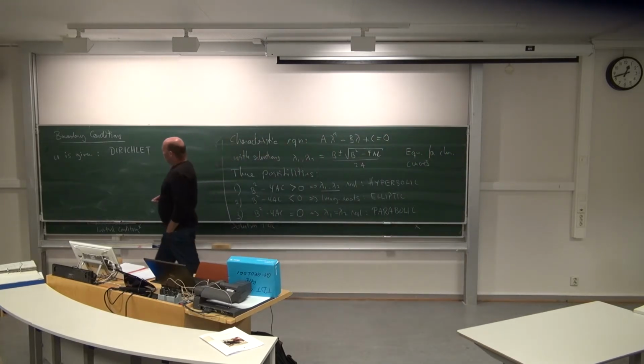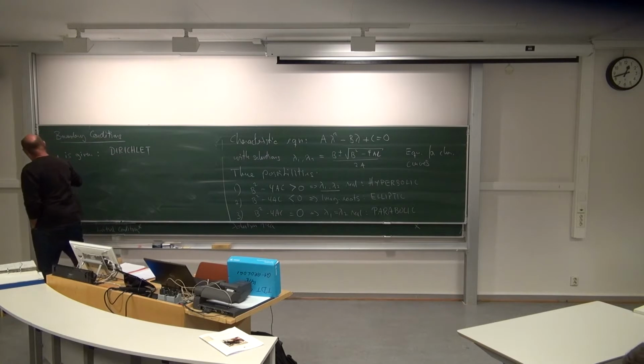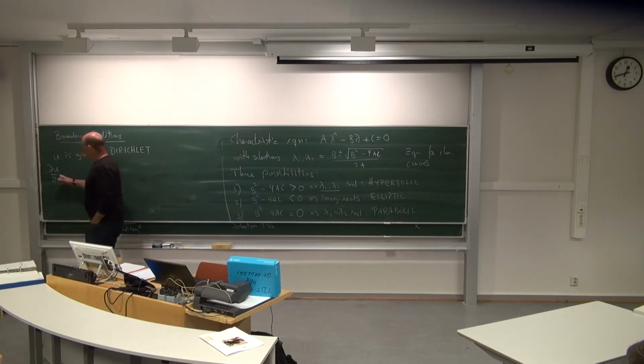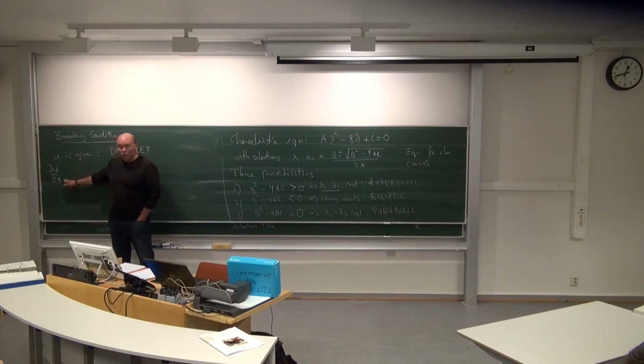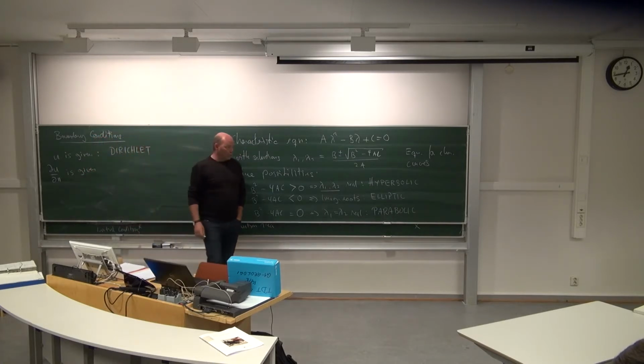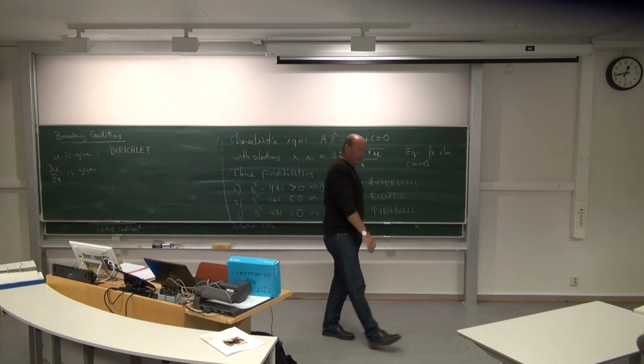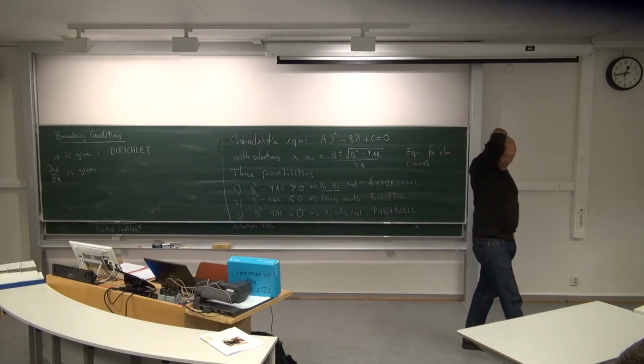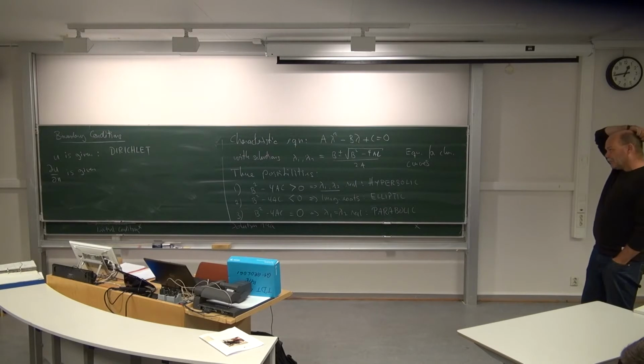Another type could be a value for, say, the derivative perpendicular to the boundary is given. This is typically something we do if you have an outlet, and then you actually have no idea what the velocity is going to be in the outlet.